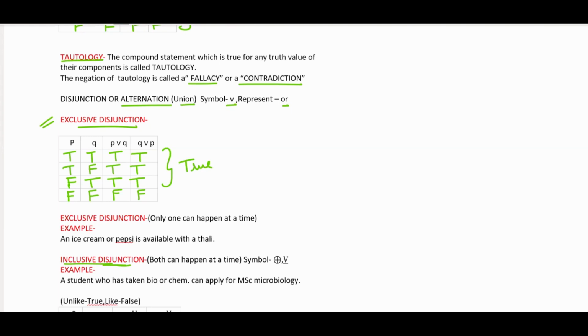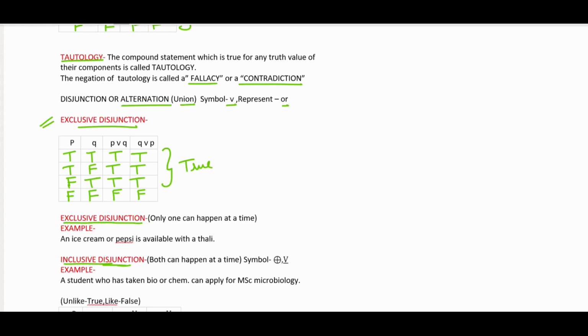Now what is written here? If you have to learn what exclusive disjunction is, this is the simple definition that you have to keep in mind: in exclusive disjunction, only one can happen at a time. So from this example you can learn this: an ice cream or a Pepsi is available with a thali. So this is an example of exclusive disjunction.